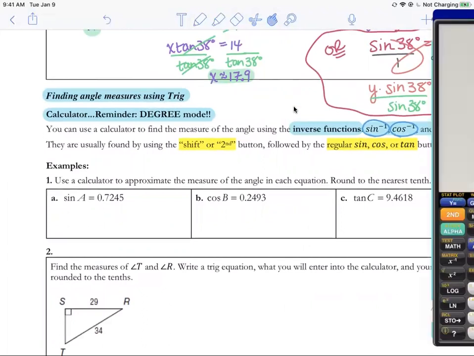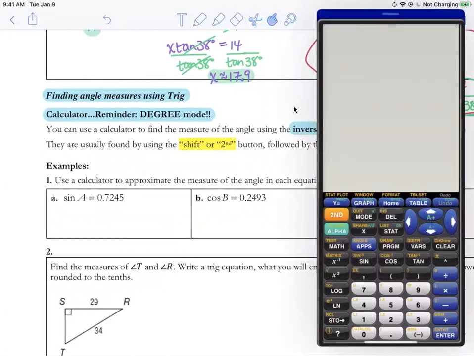So first, on a graphing calculator, there will be a second function. Second function sine will give you inverse sine. That also happens a lot on scientific calculators. If you look at the row where the sine, cosine, tangent is, up above it is that orange sine -1.